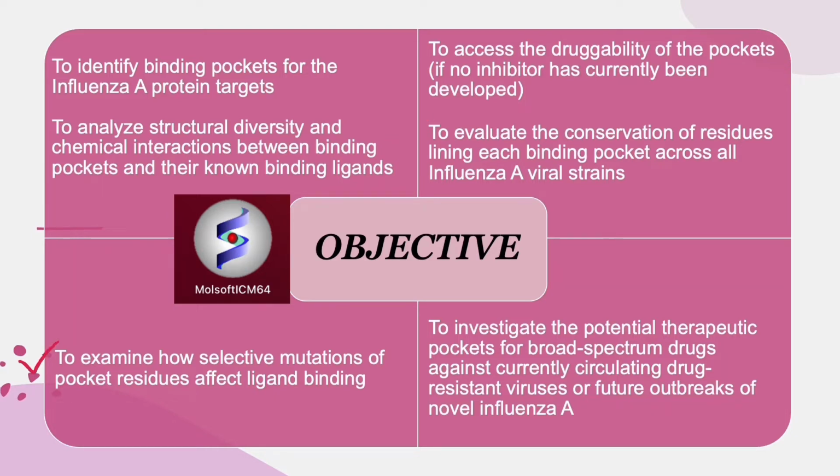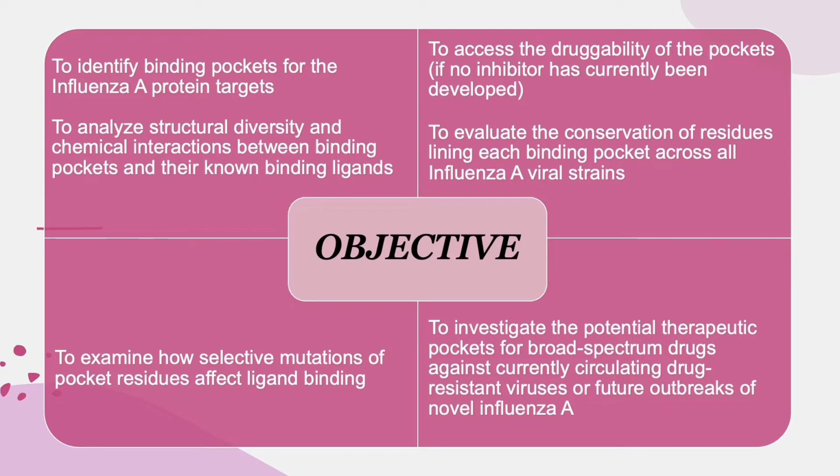Third, to examine how selective mutations of pocket residues would affect ligand binding. And lastly, to investigate the potential therapeutic pockets for broad-spectrum drugs against currently circulating drug-resistant viruses or future outbreaks of novel influenza viruses.